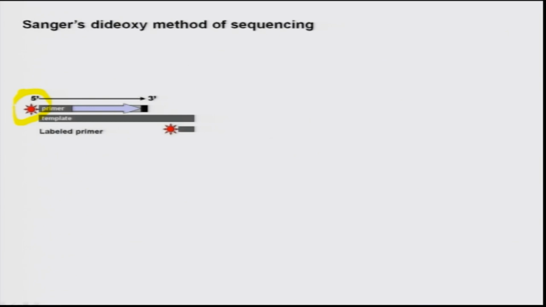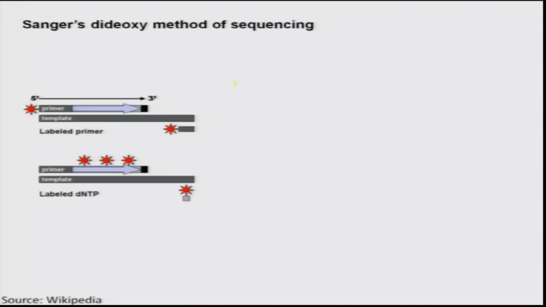Therefore, every new fragment that is made, you are able to detect in a gel, right. Or you could use labeled bases in the reaction. For example, the 4 bases that you are using can be labeled, so that every base that gets incorporated has a radioactive moiety. Therefore, it would give you the signal when you are visualizing.